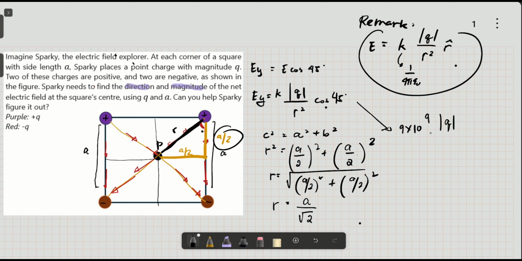Absolute value q divided by r squared, in this case (A over square root of 2) squared. Don't forget the cosine 45. We can simplify it later on. Just putting the k here because k is still a constant.